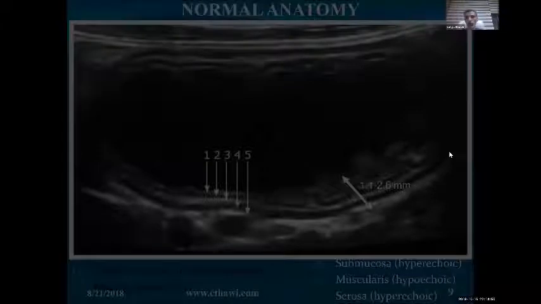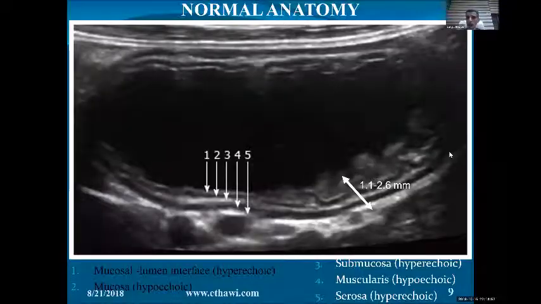When you look at the bowel wall in anatomy, you have 5 layers. It's alternating hyperechoic, hypoechoic, hyperechoic, hypoechoic, hyperechoic. The mucosa-lumen interface, the mucosa, then the interface between submucosa and mucosa, then the muscularis, the muscle area, and then the serosa.